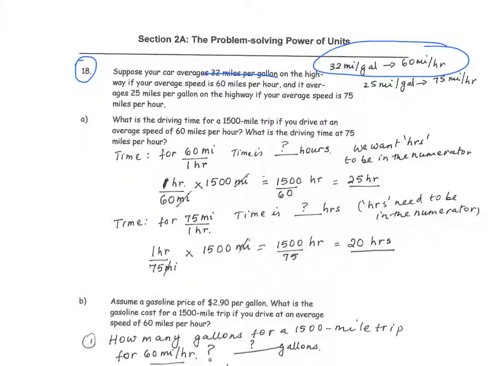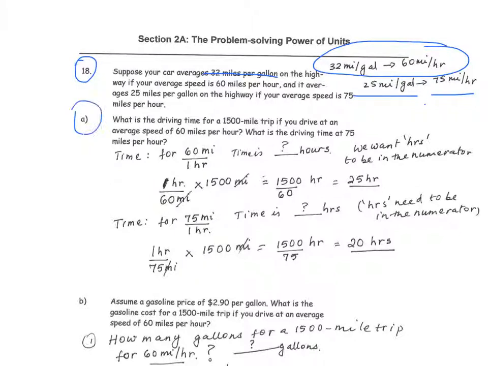If it averages 25 miles per gallon, it averages 25 miles per gallon if the car's average speed is about 75 miles per hour. So the number of miles that the car would go per gallon depends on the speed. If the speed is higher, then the mileage, the number of miles per gallon, reduces. So let's try to answer the questions.